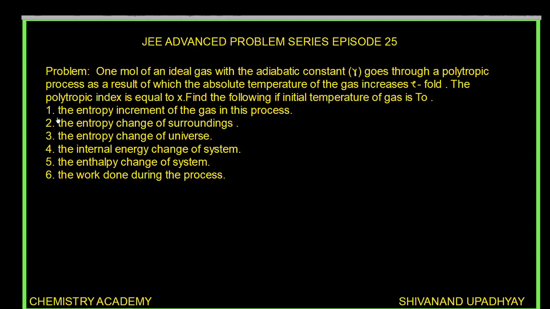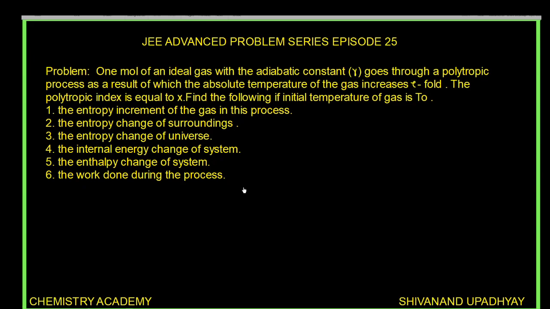The first part is the entropy increment of the gas in this process, and this is the only part which was given in Irodov. Now I have added some more parts: the entropy change of surroundings, the entropy change of universe, the internal energy change of system, the enthalpy change of system, and the work done during the process.